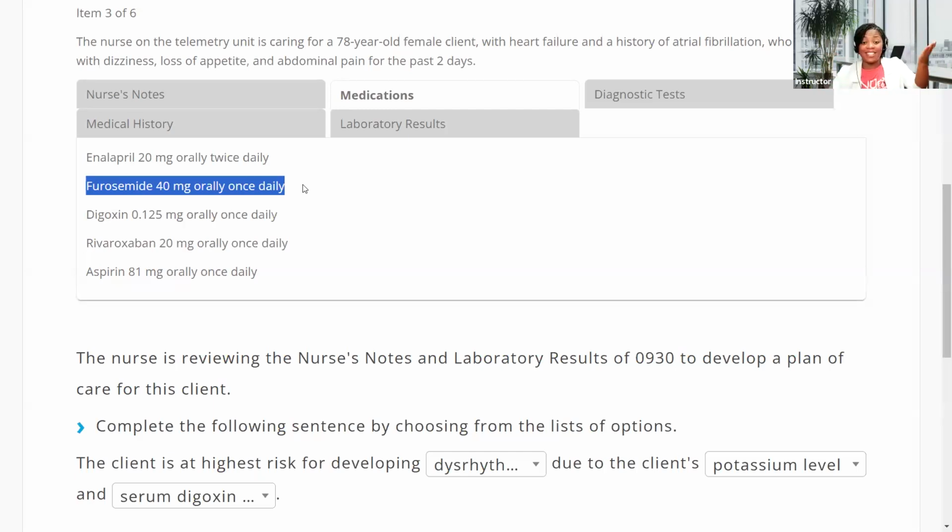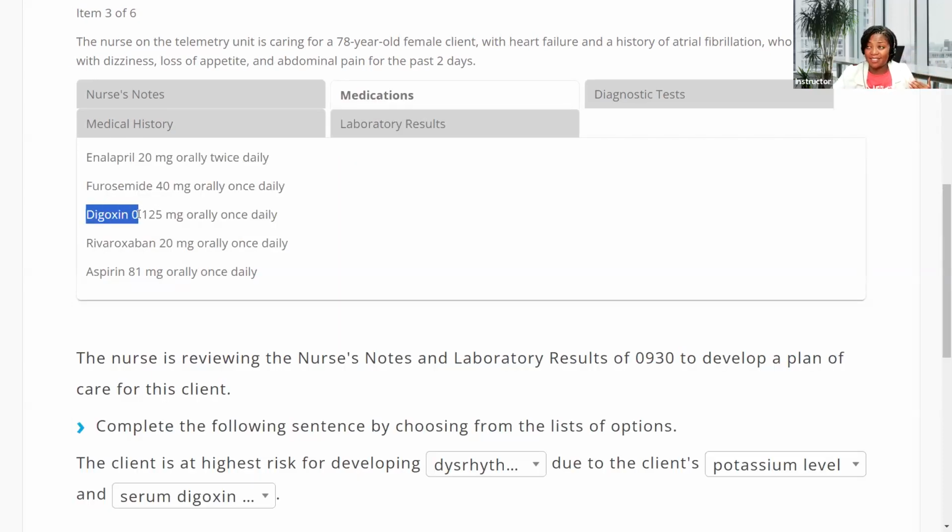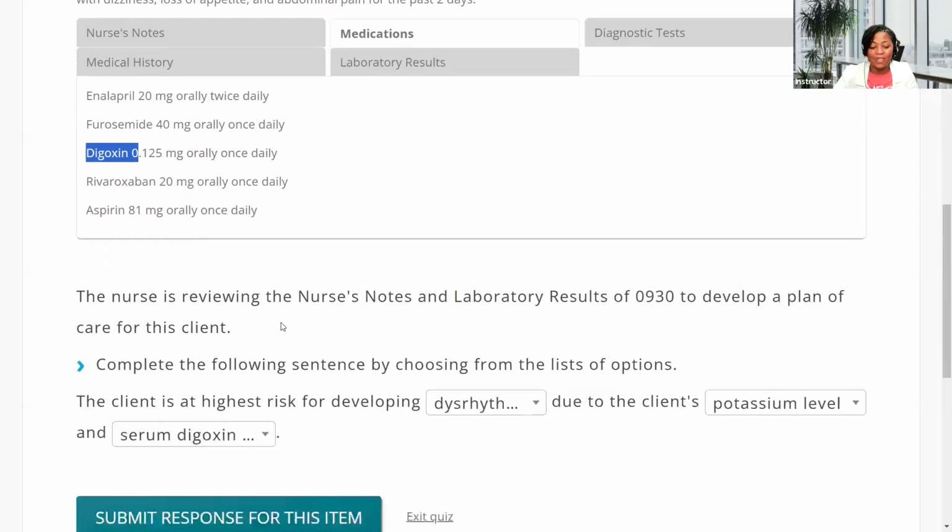When she's taking this diuretic, it's causing the potassium to be wasted or excreted, which has brought her levels down. Her potassium is low, but she's also taking digoxin. So with the seesaw, the potassium is going low, the digoxin goes high. And that's what we're seeing with this patient. So, patient on digoxin, always check your potassium levels.